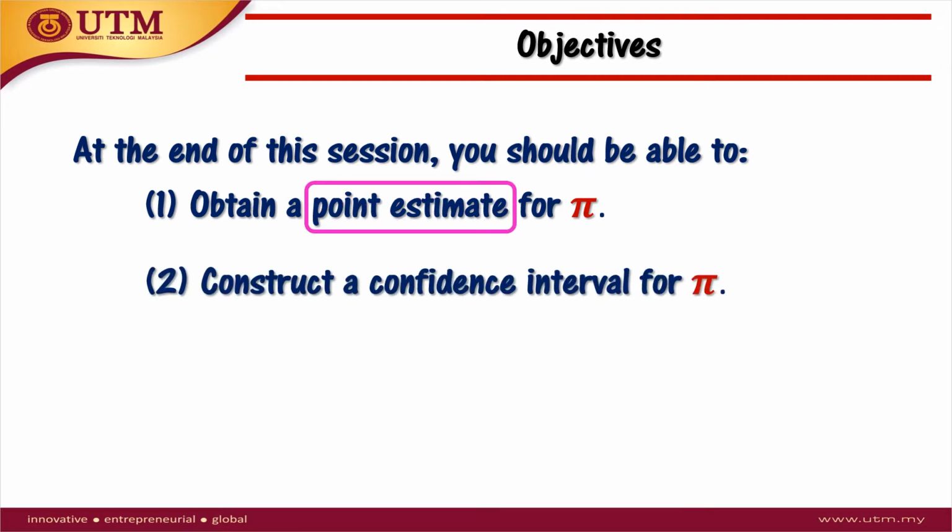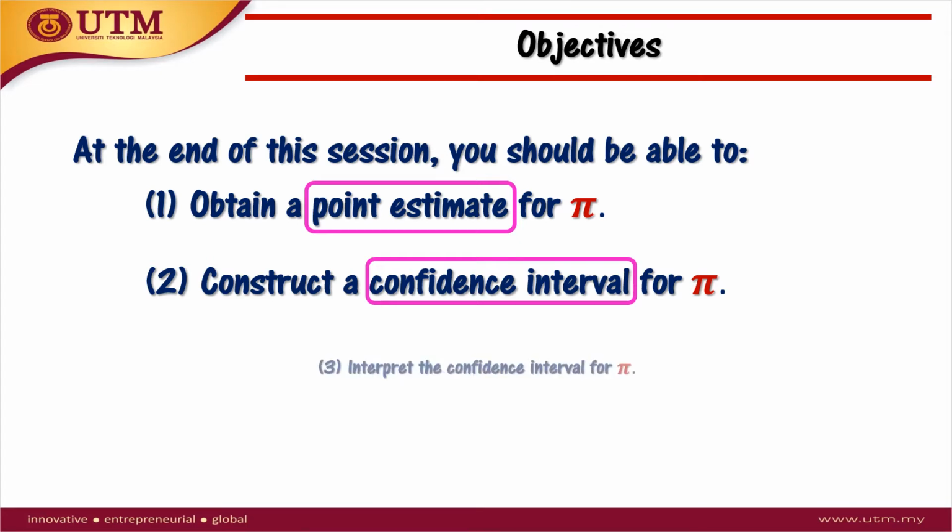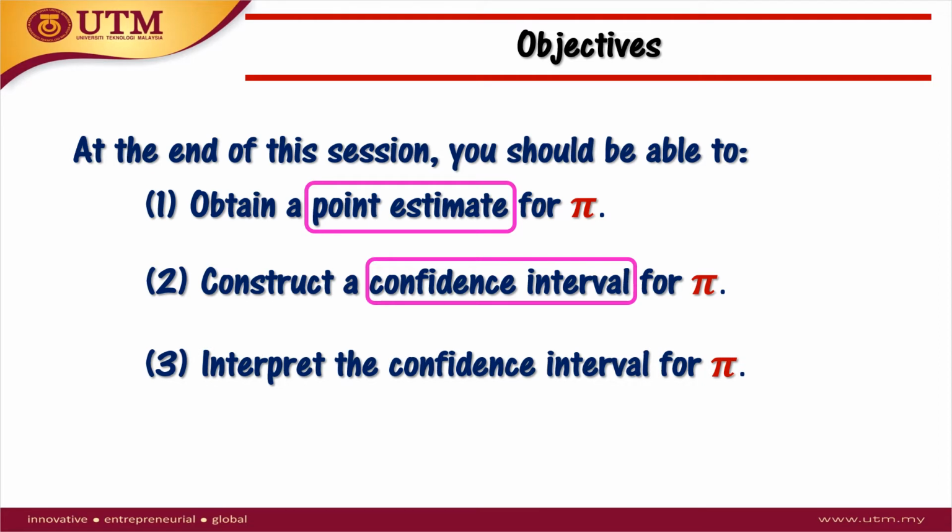Secondly, you should be able to construct a confidence interval for the unknown population proportion pi. And finally, you should be able to interpret the constructed confidence interval for pi.